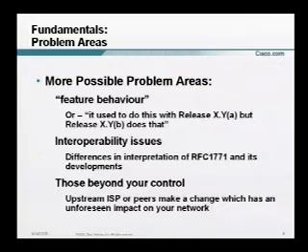There could be interoperability issues. You can't just assume that, well, one is right and others are wrong. You've got to figure out the different interpretations of the BGP standard. And then, of course, the problems caused by things beyond your control. Your upstream ISP has some major policy change within its network that has a fairly serious impact on your own network.